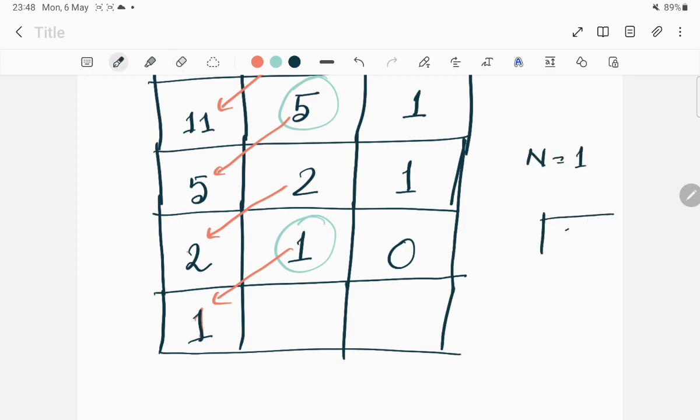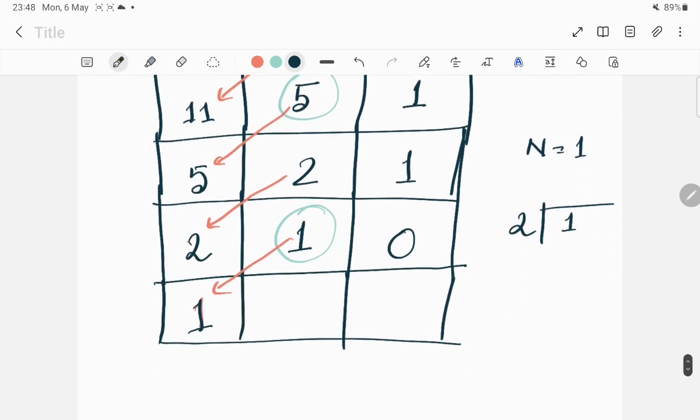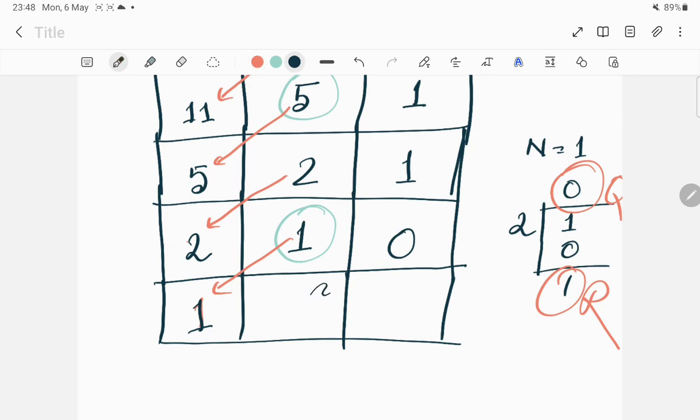Again 1 has to be divided by 2, because in this column we are dividing by 2. So when 1 is divided by 2, since 1 is less than 2, it doesn't exactly give a whole number, so we have a 0 here. So that means we have a quotient 0 and a remainder 1.